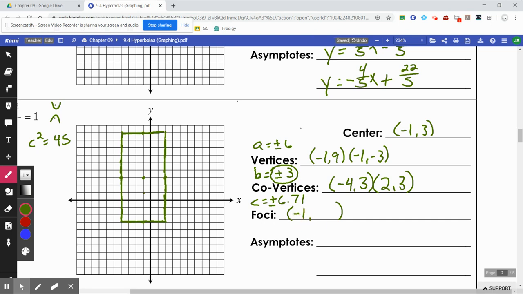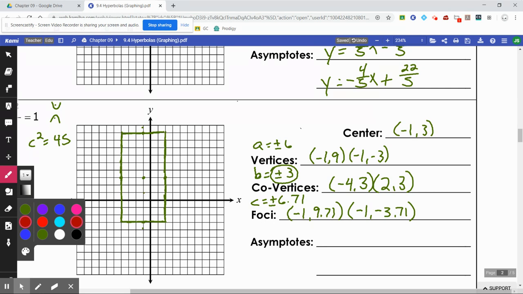Up 6.71 would be at 9.71, and then down 6.71, which would be at negative 3.71. So that's going to be at negative 1, 9.71. For this other one, we went up 6, so it's going to be about right here and about right here would be our two foci, which again does not really impact our graph. You can put them on there if you'd like.